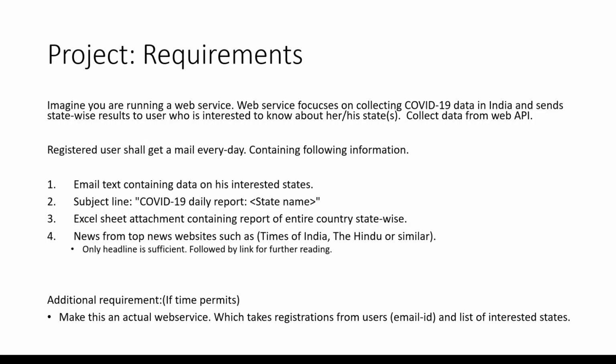That means a user can log into a system, enter his email ID, and choose some states he is interested in to get the day-to-day COVID-19 statistics, such as active cases in his state, deceased cases, and maybe, as someone suggested, a graphical image to show it in a better way.